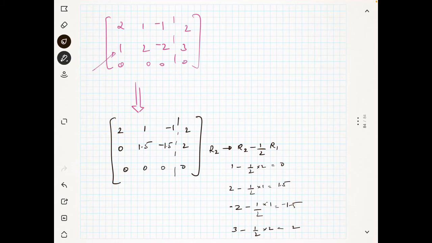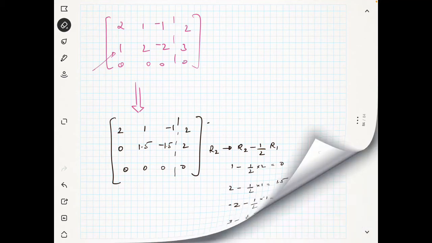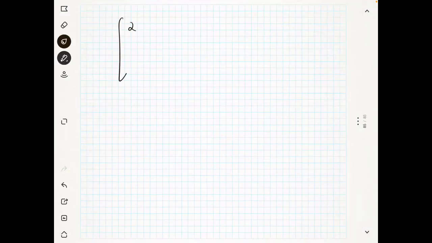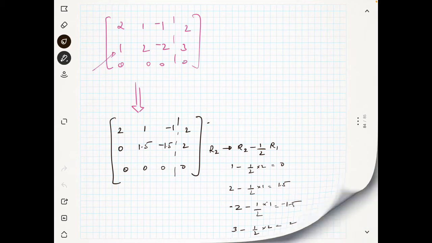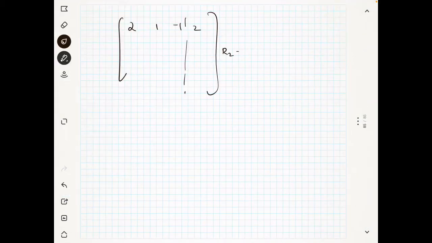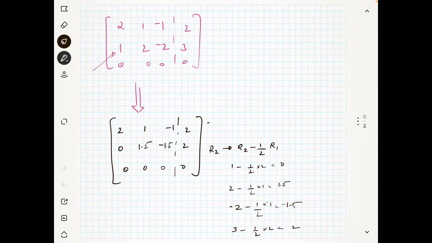We will again try to reduce this. Let me write it again: 2, 1, minus 1, 2, then row 2 is 0, 1.5, minus 1.5, 2. Now I am going to change row 2 as row 2 divided by 1.5.